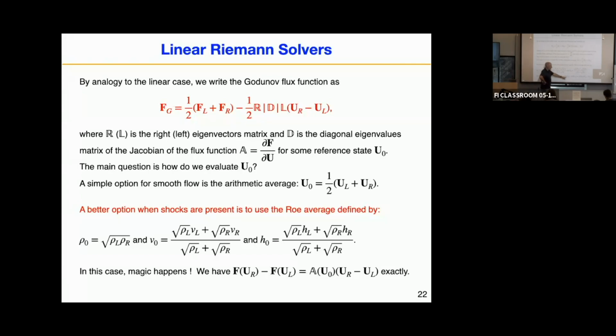Because in this case, if you use this linear matrix, you get back the nonlinear flux for the left and the right state. And so that's something which is really powerful, the Roe average. It's a weird property of the Euler equations that if you use this for the reference state for the Jacobian matrix, you get something very close to the exact solution. Right. So that's the Roe matrix.